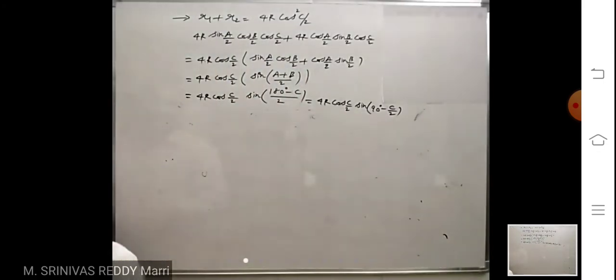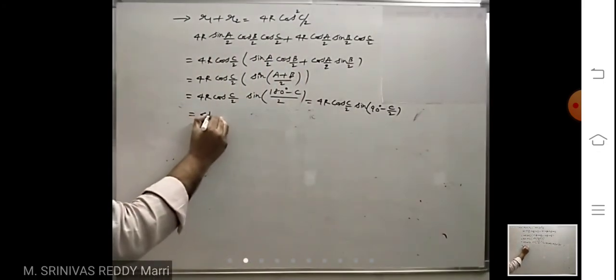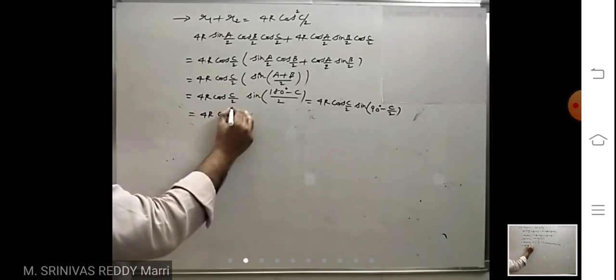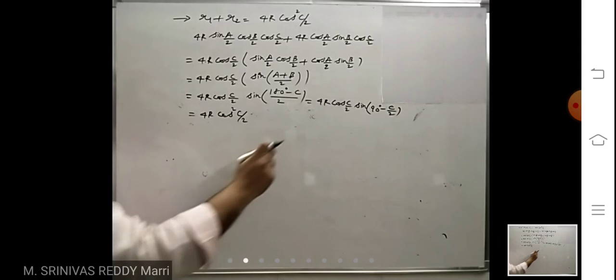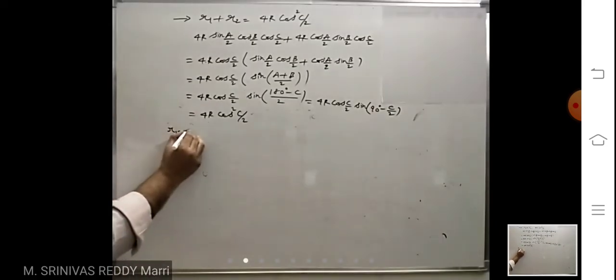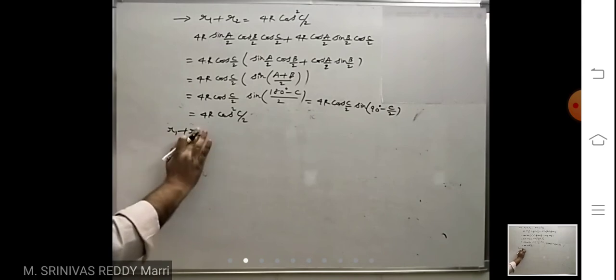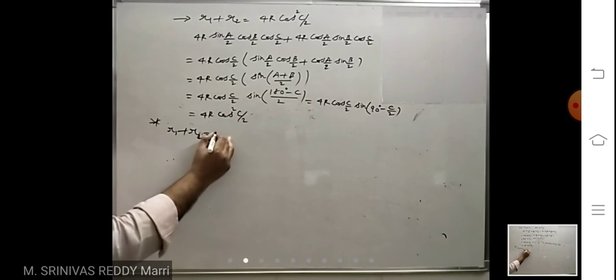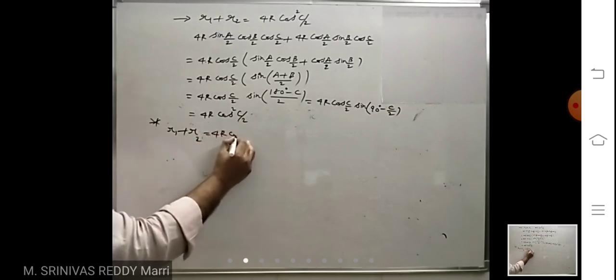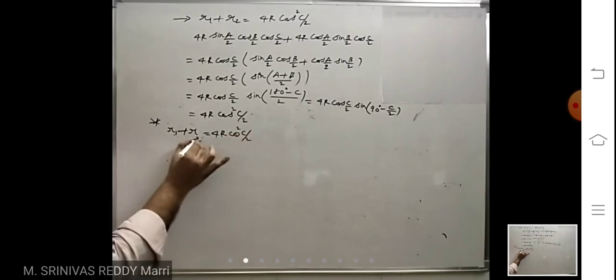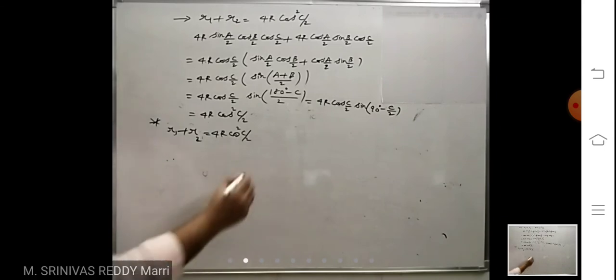So this is nothing but 4R cos square C by 2, that is 4R cos C by 2 into cos C by 2. Therefore, this is one result: R1 plus R2 is nothing but 4R cos square C by 2. You have to remember this result. If R1 plus R2 is there, the third angle C you will get.